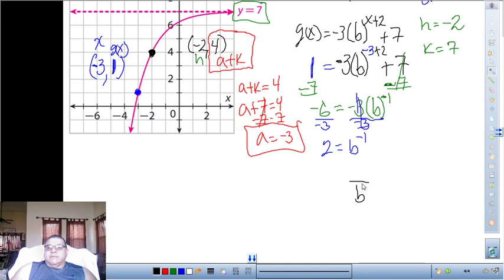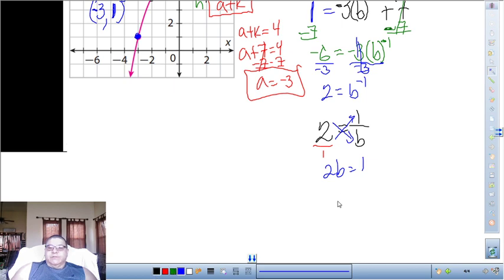It becomes a positive 1 power. I'm not going to write it, but it's over 1, and that is equal to 2. Alright, let's make this into a fraction. So like that we have a proportion. What is 2 times b? 2b. What is 1 times 1? 1. And we solve for b. So what do we do? Divide by 2, divide by 2. b equals 1/2.